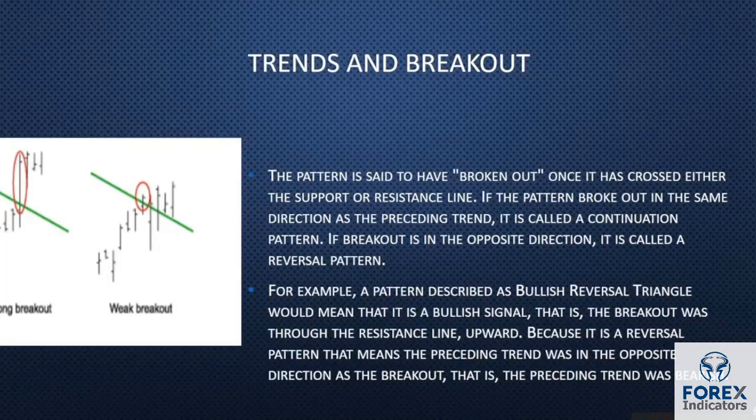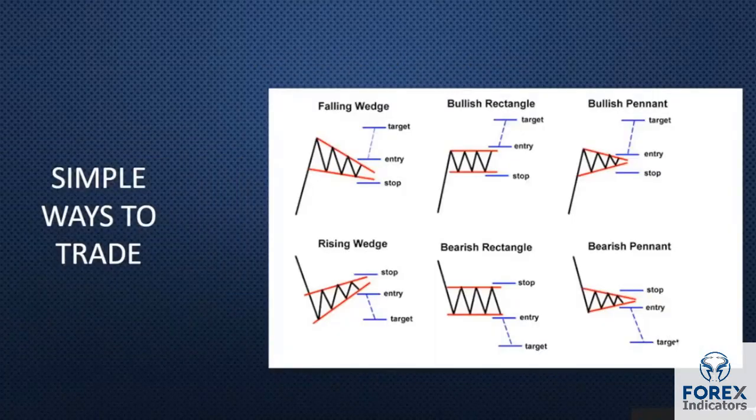If it breaks out and goes downward, the opposite direction of the trend, it is then considered a reversal pattern. So in other words, market's moving up, the breakout is up, continuation. Market is moving up, breakout is down, reversal. Same thing in the opposite direction if it's a downtrend moving into these.